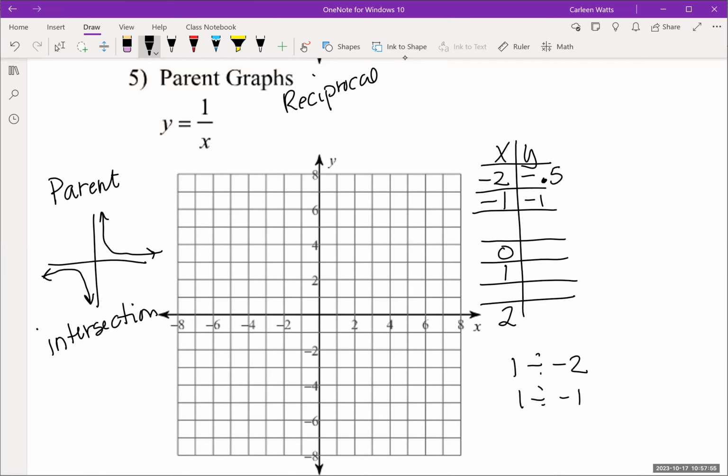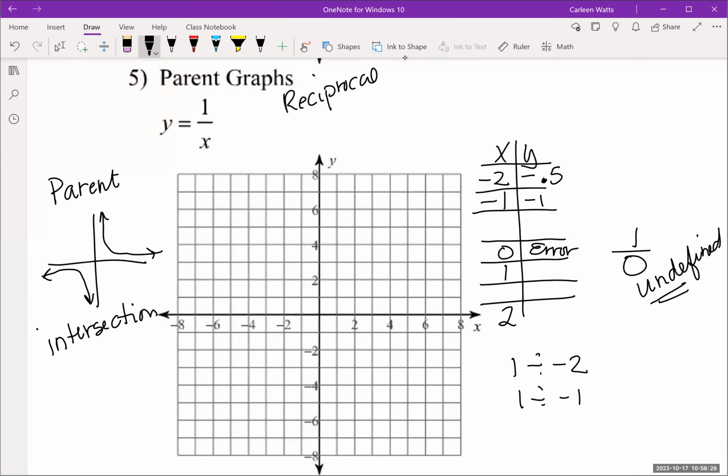1 divided by 0. Okay, 1 divided by 0 on your calculators: error. Can you have a 0 under the fraction? No, when the 0 is under the fraction, this is undefined.